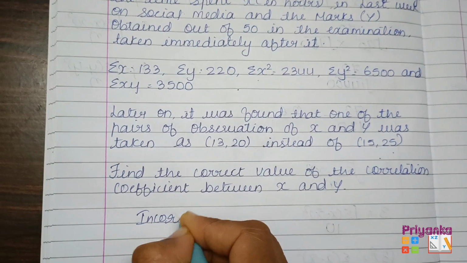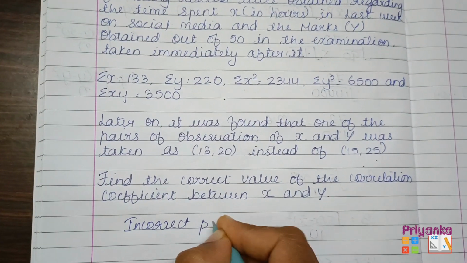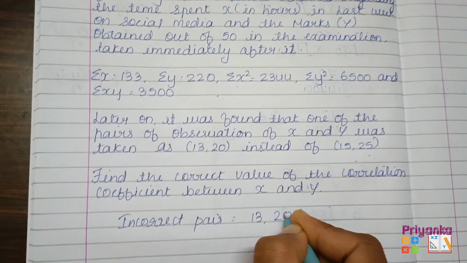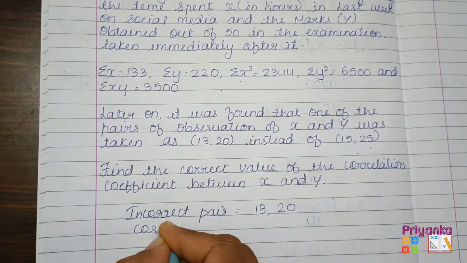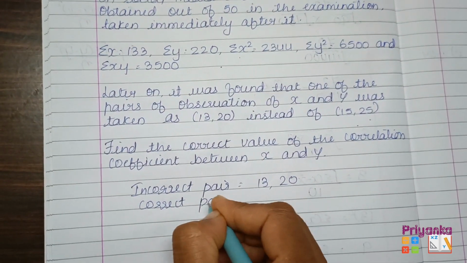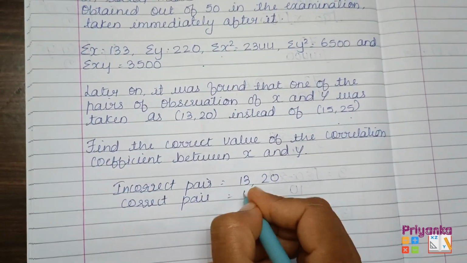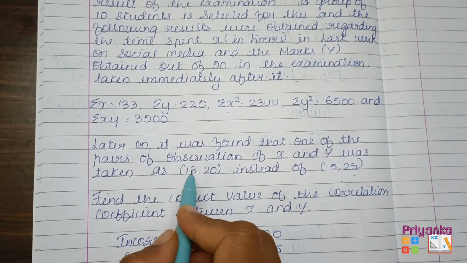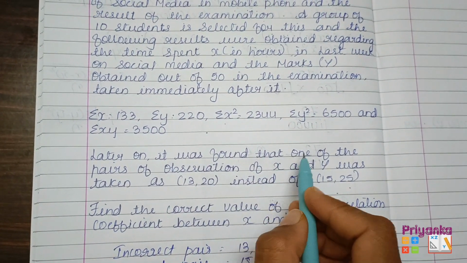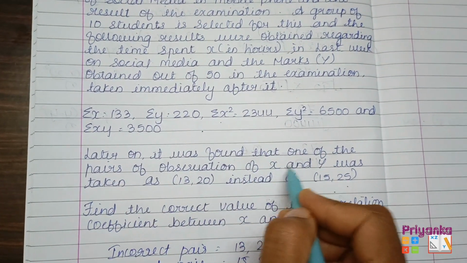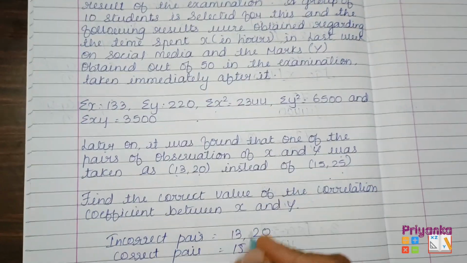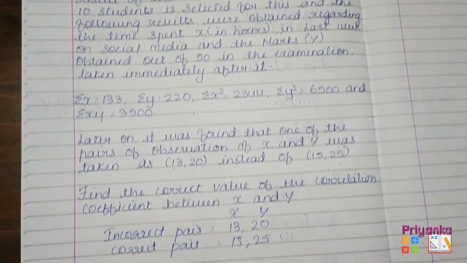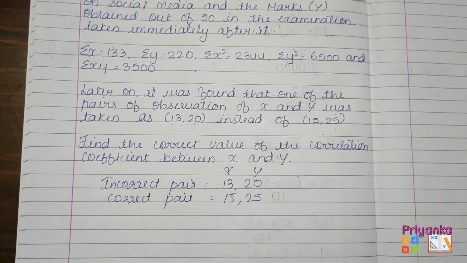Here the incorrect pair is 13, 20, whereas the correct pair is 15, 25. Go through the question and understand it properly: one of the pairs of observations of X and Y was 13, 20 instead of 15, 25, meaning this is the X and this is the Y. So this is the information ready.